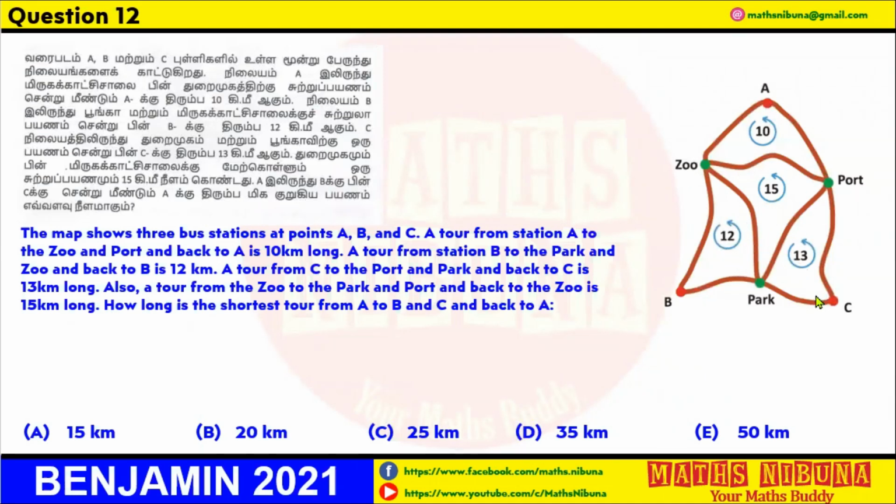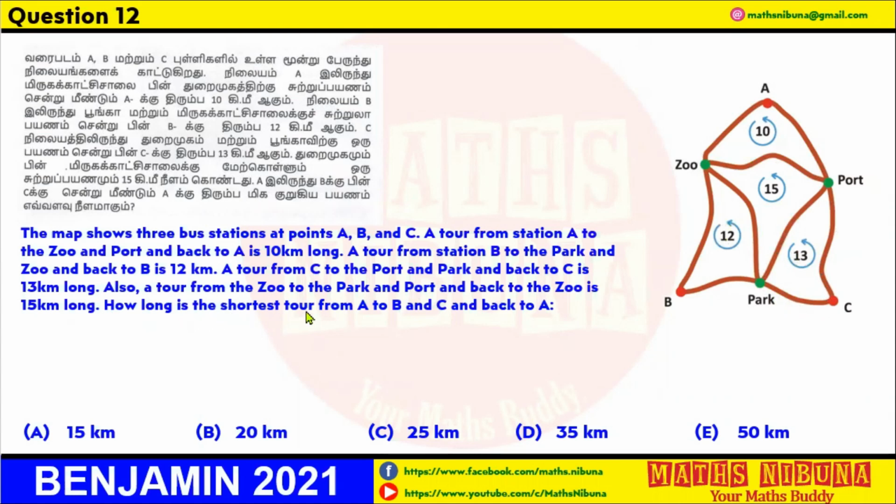A tour from C to port back to the park is 13 kilometers. And finally, a tour from zoo to park to port is 15 kilometers long.